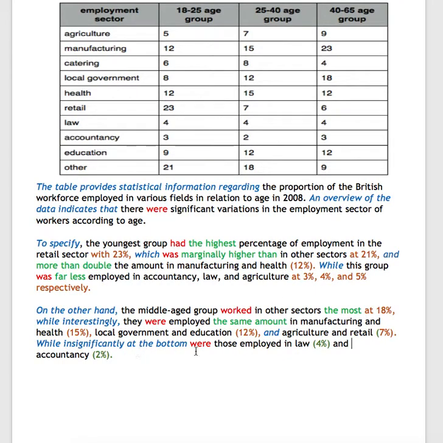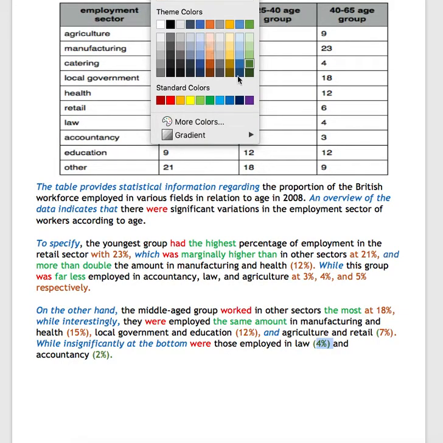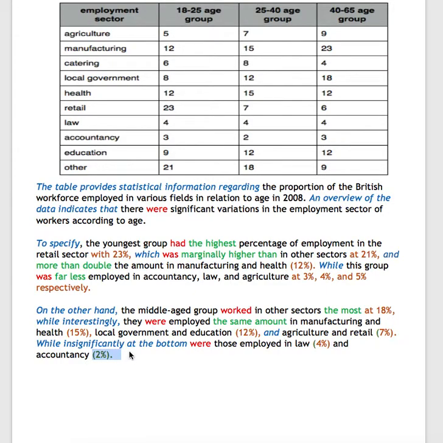While insignificantly at the bottom were those employed in law, 4%, and accountancy, 2%. This one mentioned them all, I guess. Which it did. 2 sentences. And it was a little bit easier because you had 3 groups of 2 that were the same, 15, 12, and 7. So, okay. So we said this group was employed more in these areas.